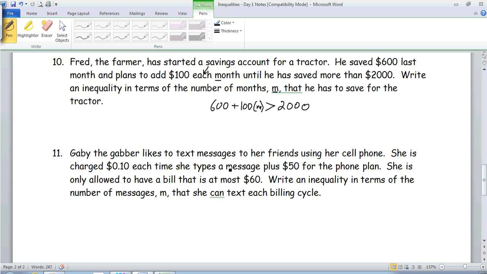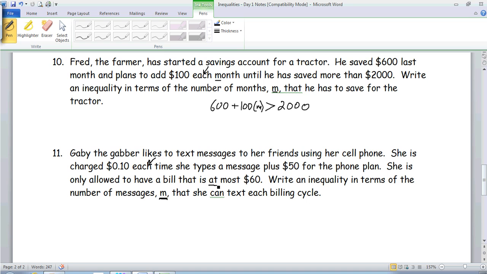Gabby the Gabber likes to text message to her friends using her cell phone. She is charged 10 cents each. I need to multiply. Each time she types a message, plus $50 for the phone plan. So this is going to be each message. So here we go. M for message. She has to have something that is at most.